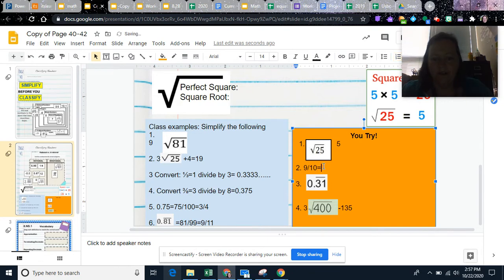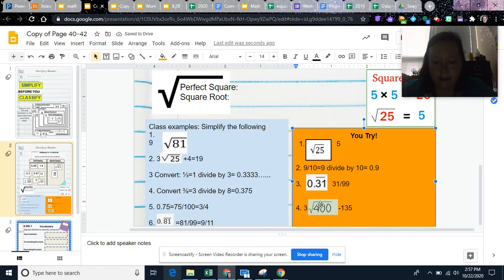9/10, to make that into a decimal, you take 9 divided by 10, and that would give you 0.9. And then 0.31 repeating. Again, I'm going to hit spacebar to get it to the other side. You'll do 31, and since our 2 digits are repeating, you're going to put it over 99.